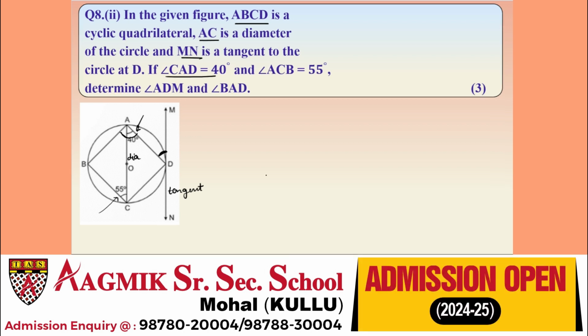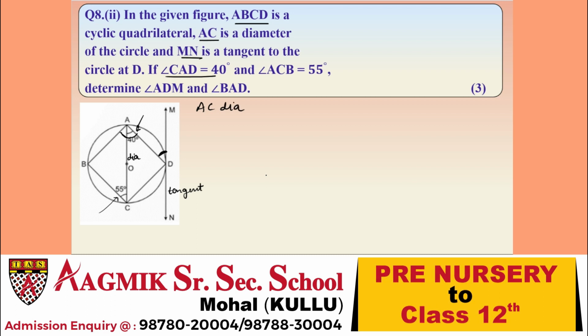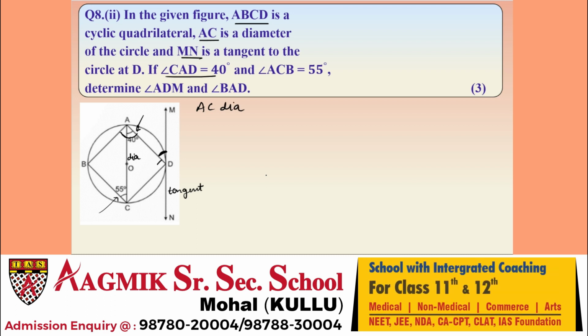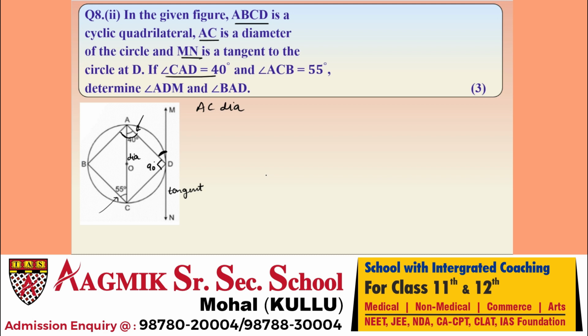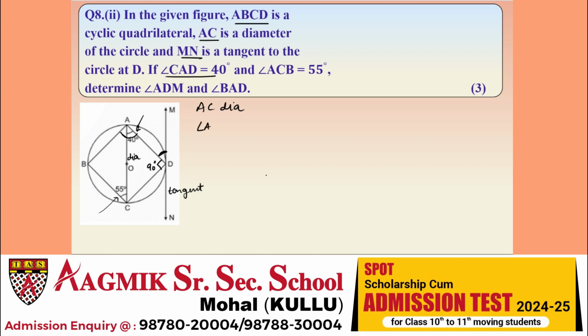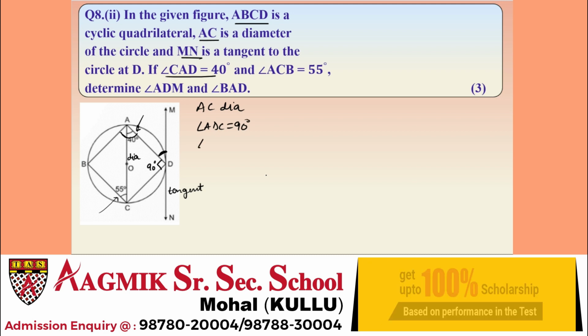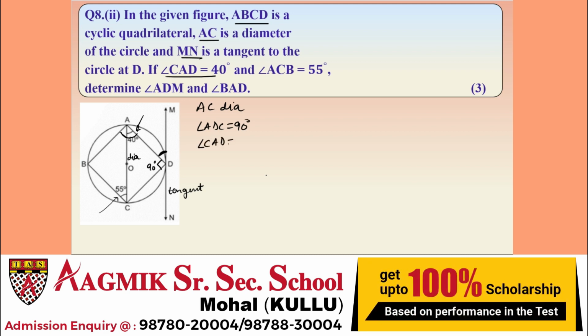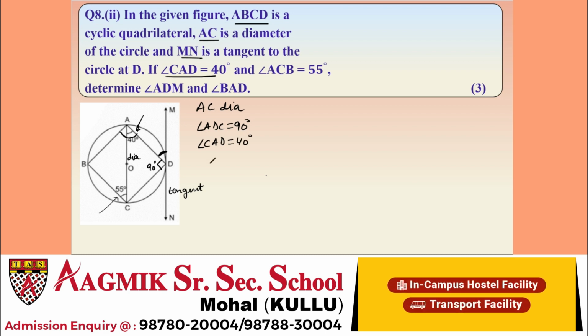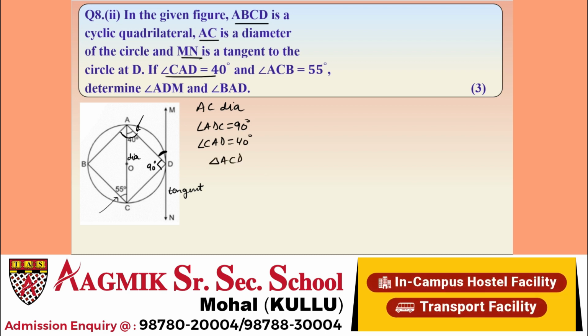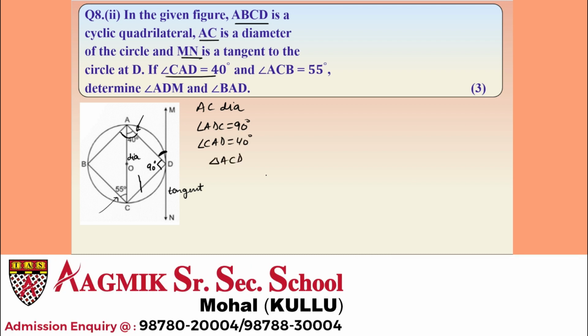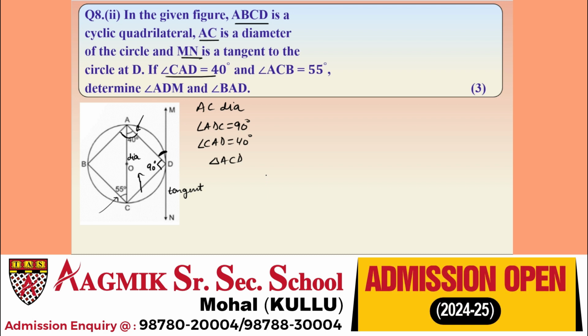Since AC is diameter, we know that angle in a semicircle is 90 degree. So angle ADC would be 90 degree. Also you are given that angle CAD is 40. Now if you look at triangle ACD, sum of angles would be 180 degree.